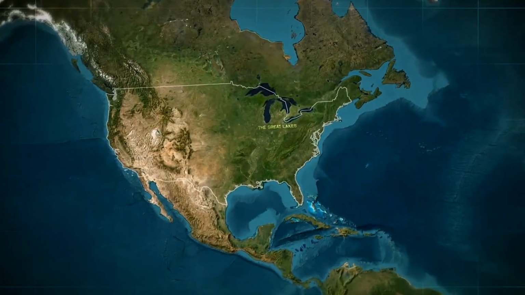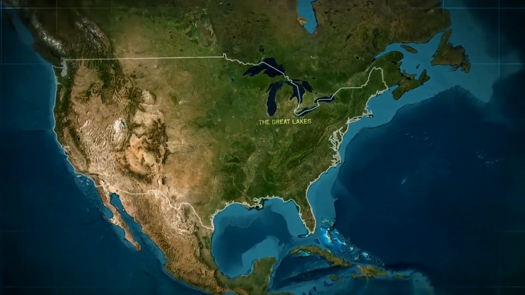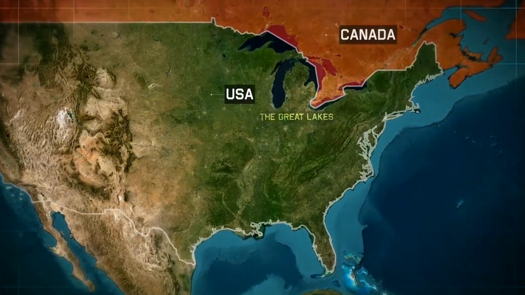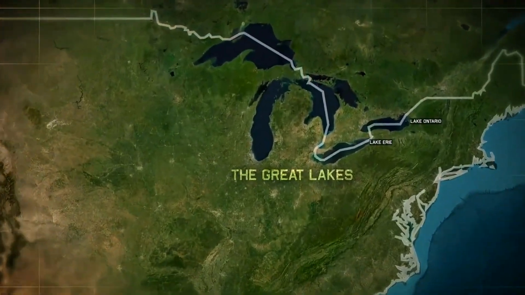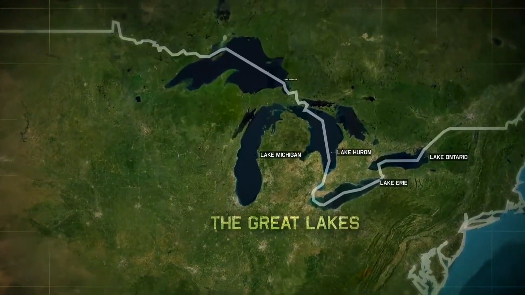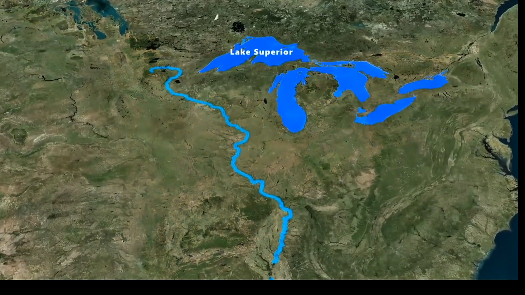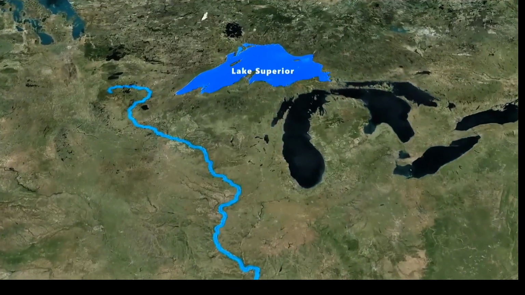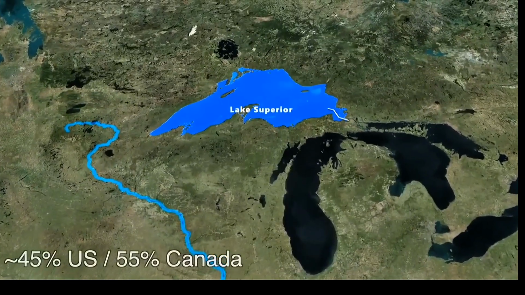The Great Lakes are a natural group of freshwater lakes, among the largest in the world. Located here, they serve as an important trade route between the United States and Canada. The Great Lakes include Lake Ontario, Lake Erie, Lake Huron, Lake Michigan, and Lake Superior. Lake Superior is the largest lake by surface area and the largest freshwater lake by area in the world, third largest by volume.